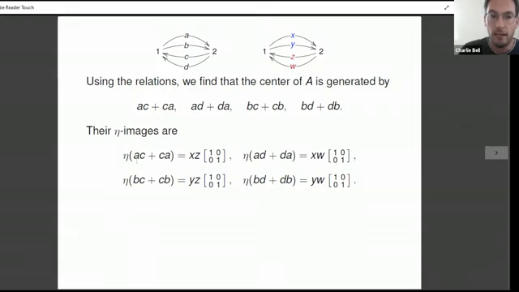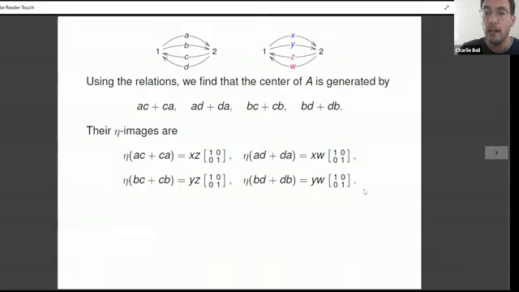The eta image of AC plus CA is just XZ times the identity matrix. The image of AD plus DA is XW times the identity matrix. The eta image of BC plus CB is YZ times the identity matrix, and the eta image of BD plus DB is YW times the identity matrix.